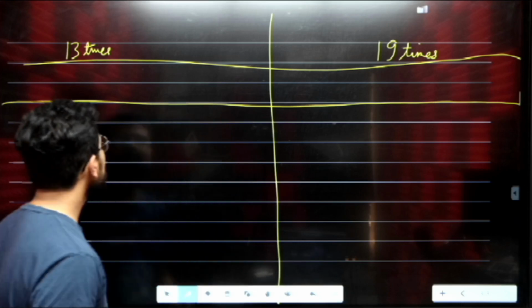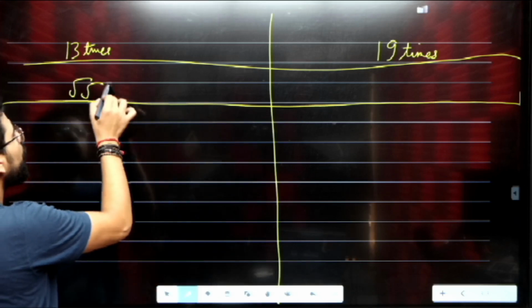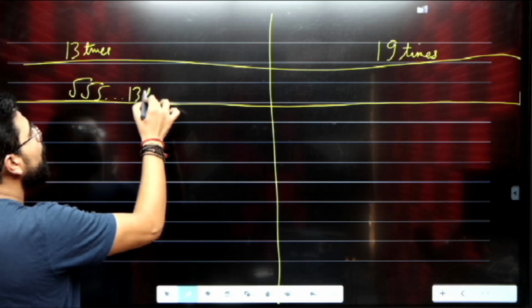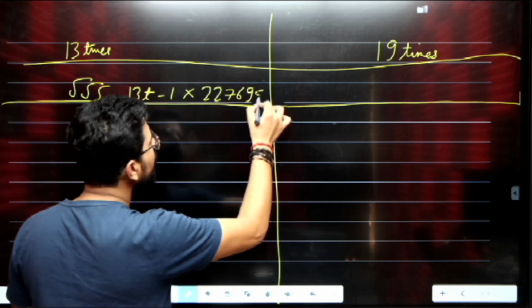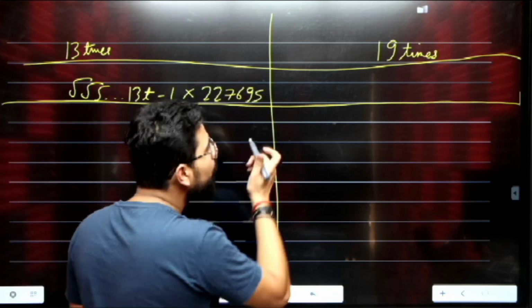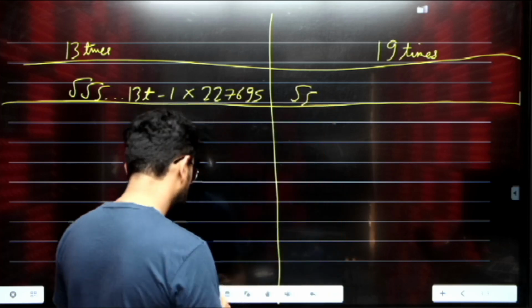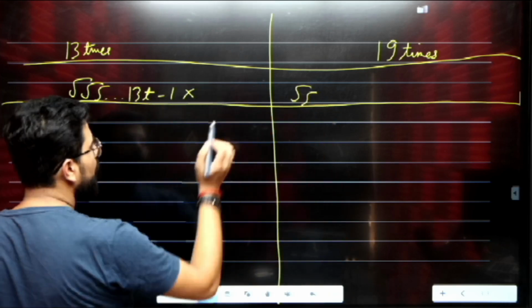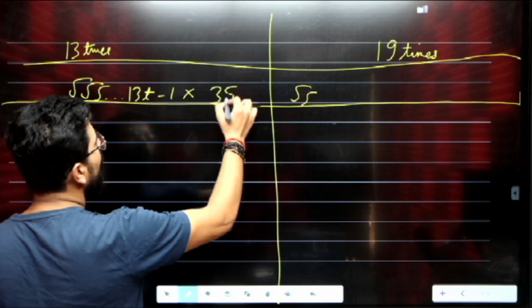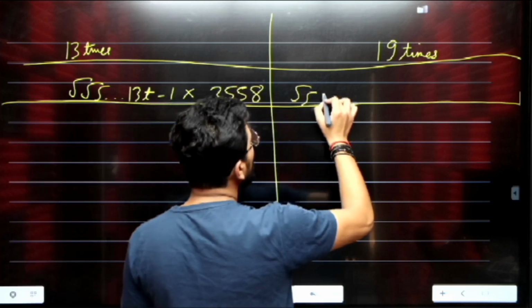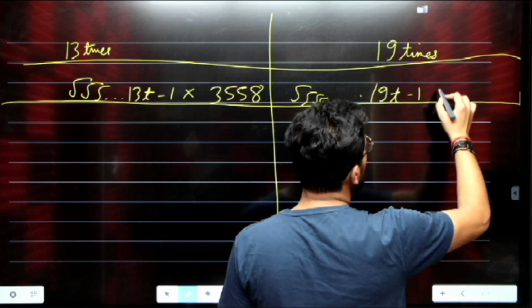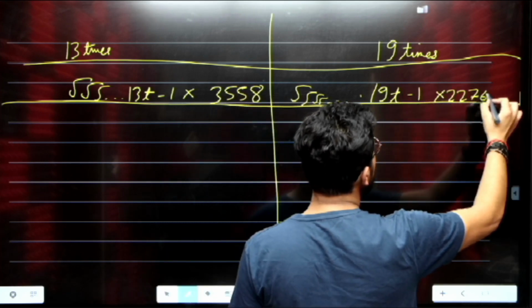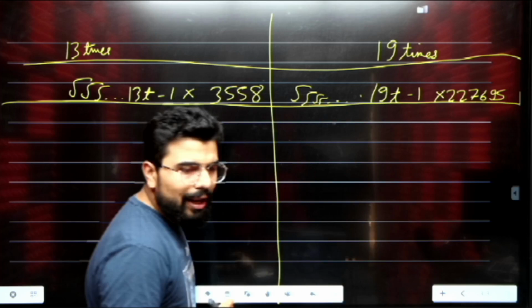What you have to do is, you have to just have root for 13 times minus 1 into 227695, and that side it will be root, 3558 and root 19 times minus 1 into 227695. Yeah, can you solve the values?